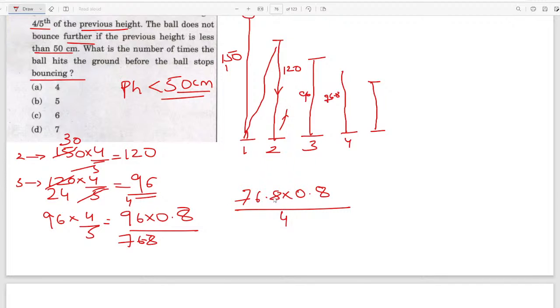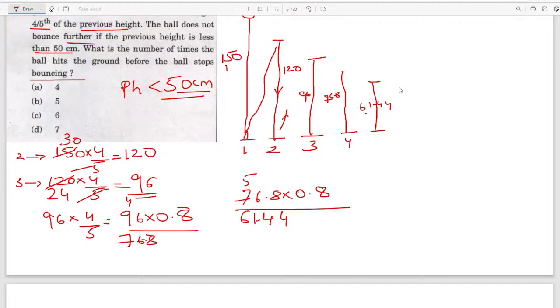48 plus 6 is 54. 7 8s are 56 plus 5, 61. This is 61.44.